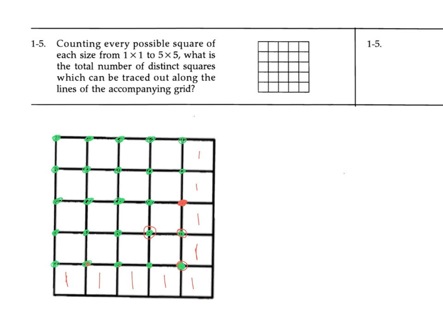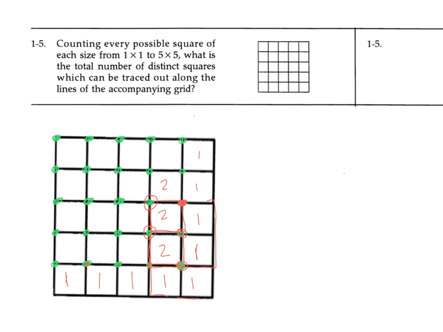Now let's focus on this one here. That intersection can serve as the upper left-hand corner to how many squares? Well, one of them is this 1 by 1, but the other one is this 2 by 2. So that intersection serves as the upper left-hand corner for 2 distinct squares. So I'm going to put a 2 there. And if you use the same reasoning for this intersection, that can serve as the corner of this 1 by 1, but also this bigger 2 by 2.